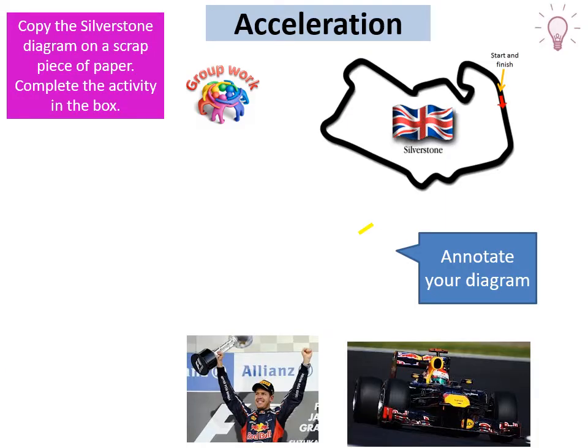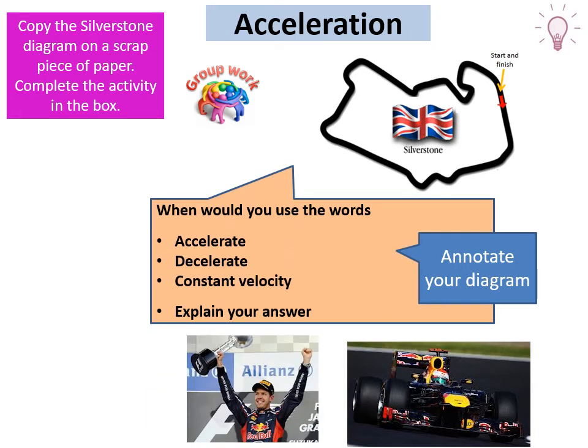Brilliant if you did. Okay, so still on your page, you need to copy that diagram, the diagram of Silverstone. It doesn't have to be perfect copy at all, just kind of like that shape, because we're going to try and annotate it together. So what I want you to do is to annotate your diagram with when you would use the words accelerate, decelerate and constant velocity.